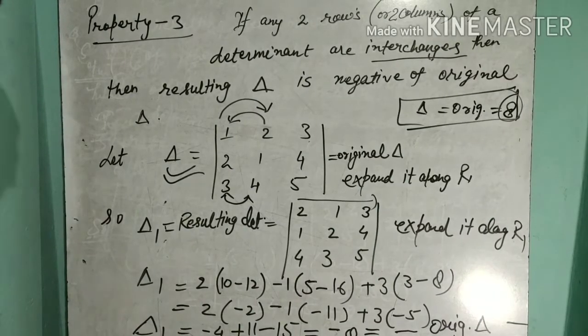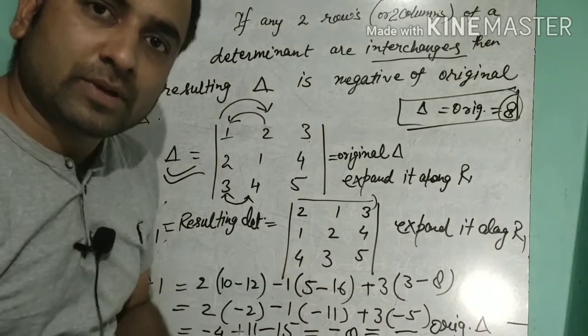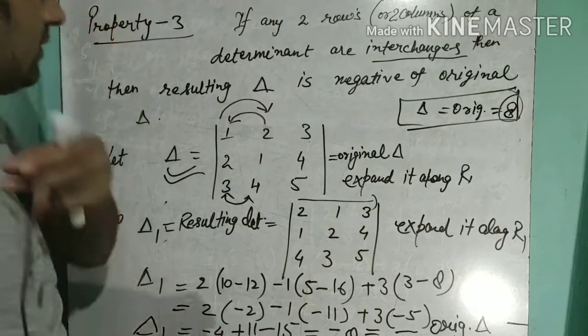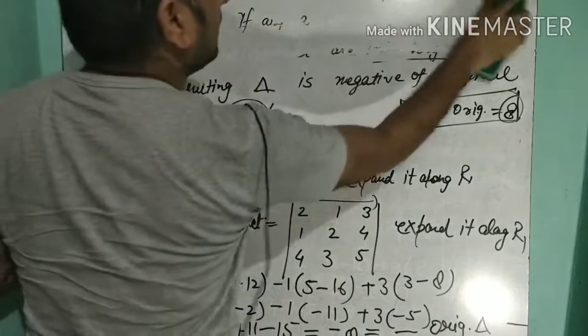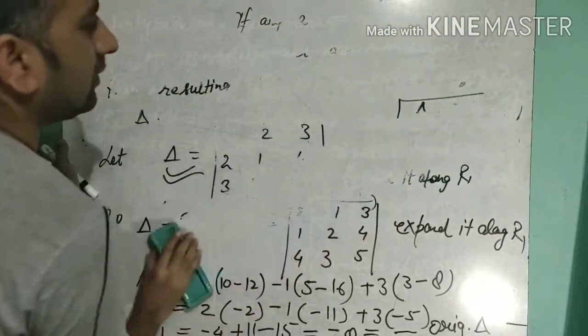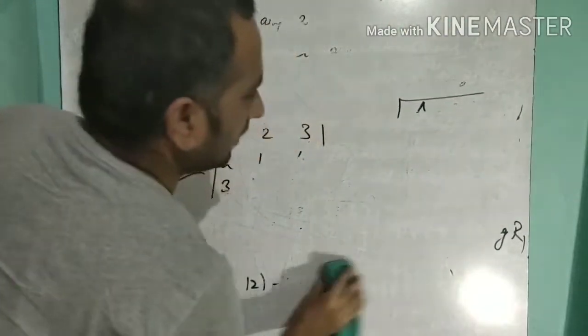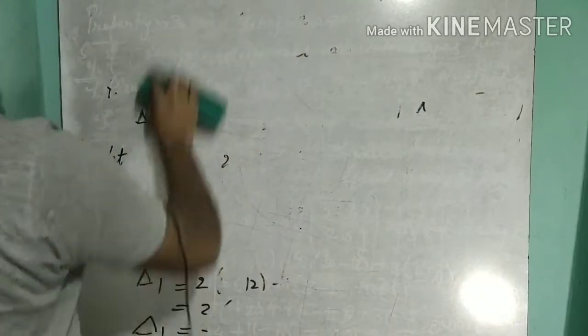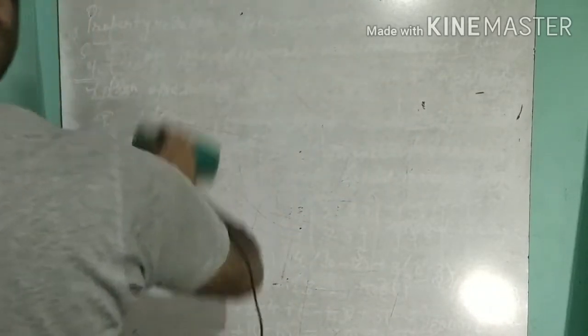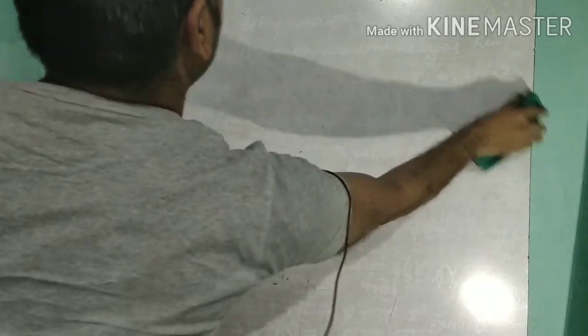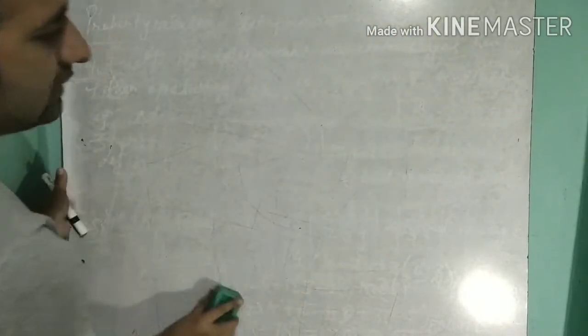Now students, I am on the next property, property number 4. It is also very useful. So students, see property 4.